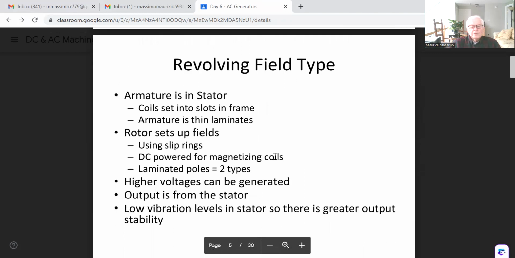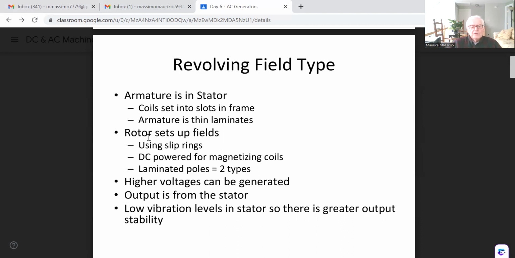And the other one that's most important is the armature is in the stator instead of the rotator. Okay. The coils are set in the slots in the frame, and the armature is made using thin laminates, of course, to reduce eddy current and heating.